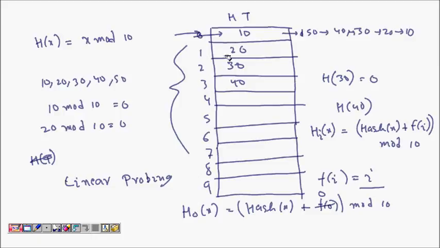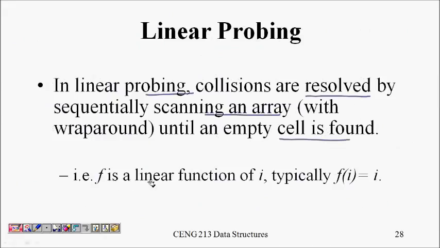H of 30 is also 0, but place 0 and place 1 are occupied, so I come to 30, and so on. So f is a linear function, and typically we take f of i equal to i. When h of 20 collided the first time, f of 1 became 1, I did plus 1, so it moved to the next place.